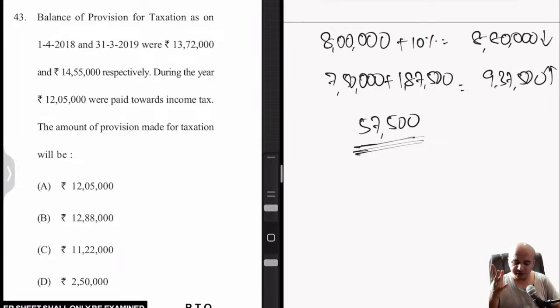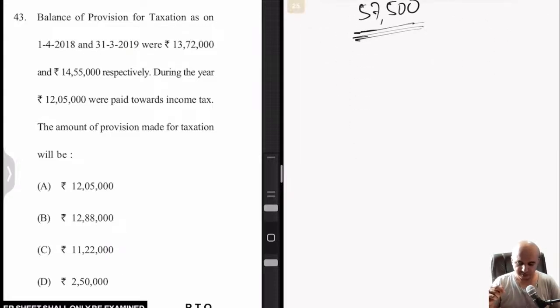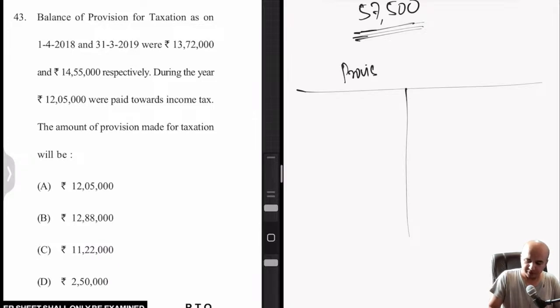All that we need to do is calculate the amount of provision for taxation made during the year. That's all. So here also, if you draw the ledger, it will be easy for you to calculate how much provision is made. For example, provision for taxation.